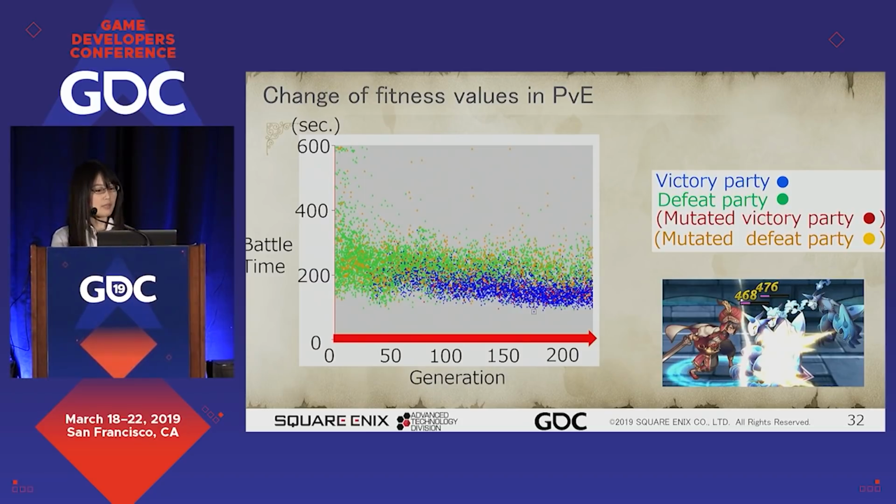This is one of the results we got for PvE. A point shows a party. Blue means victory, and green means defeat. The evolution proceeds from left to right, and the vertical axis shows the battle time.